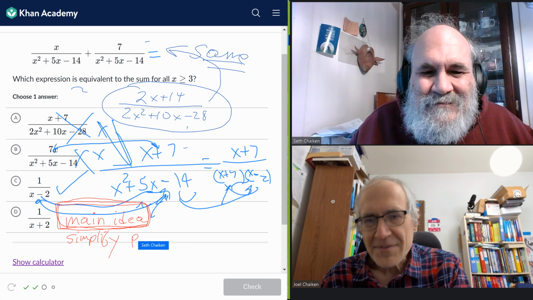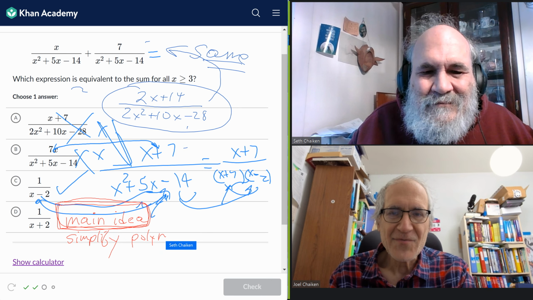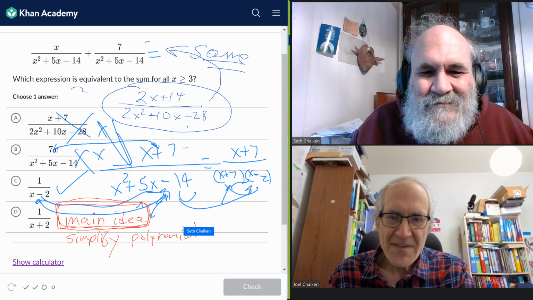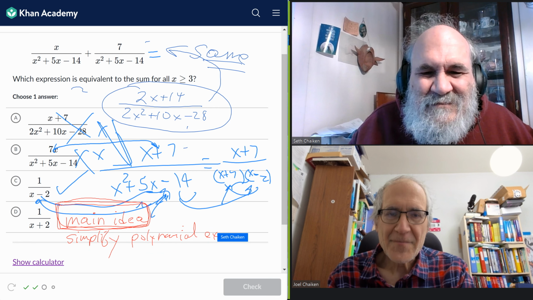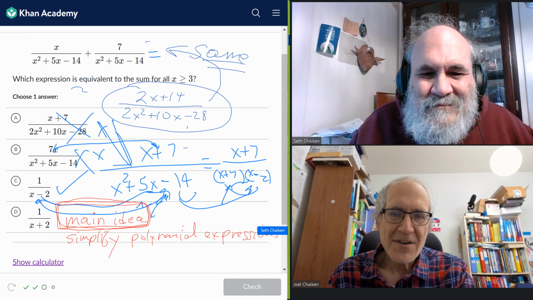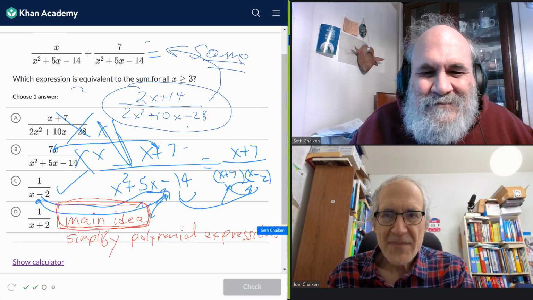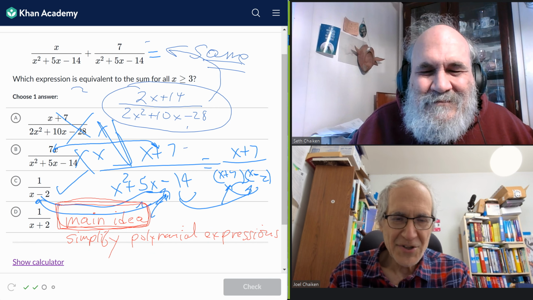And when they cross out, you're left with the simplest possible fraction you can have. Simplify polynomial expressions. That's the main idea. That's what's really being asked here. When they designed the question, they probably said, well, how can we test who knows how to simplify polynomial expressions?